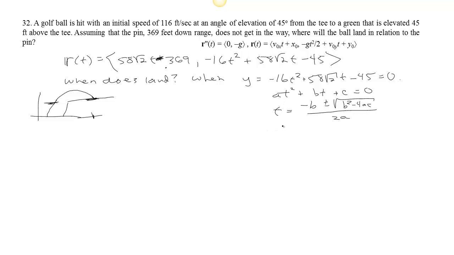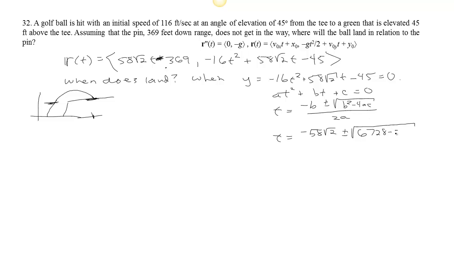Now, in this case, let's see, negative b would be negative 58 times the square root of 2 plus or minus the square root of 58 root 2 squared. I'll pull my calculator here. That is 6,728 minus 4 times negative 16 times negative 45.